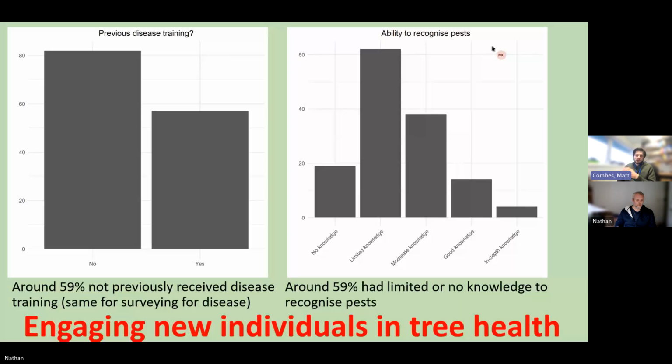And compared to confidence with identifying tree species, we could see less confidence in ability to recognize tree pests. That was a fantastic objective to undertake, to spread as much awareness as possible, and to have the pleasure of running these events and spreading this knowledge, so we can all help take care of the trees.